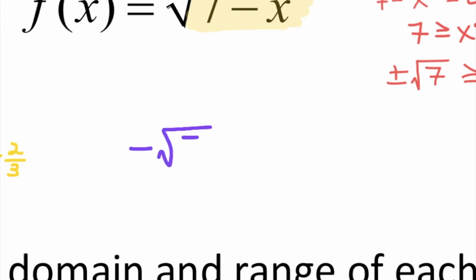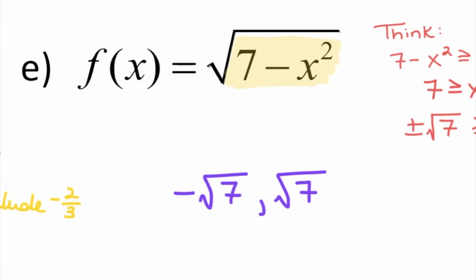So it goes from negative radical 7 to positive radical 7, but because those endpoints are still points on the graph, radical 7 and negative radical 7 would make the function equal to 0, or what's inside the square root equal to 0, and the square root of 0 is 0. You're going to include both positive and negative radical 7. So your domain is going to have square brackets on both ends, and from negative radical 7 to positive radical 7.